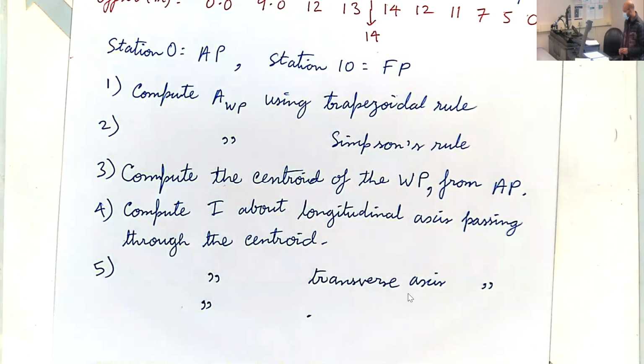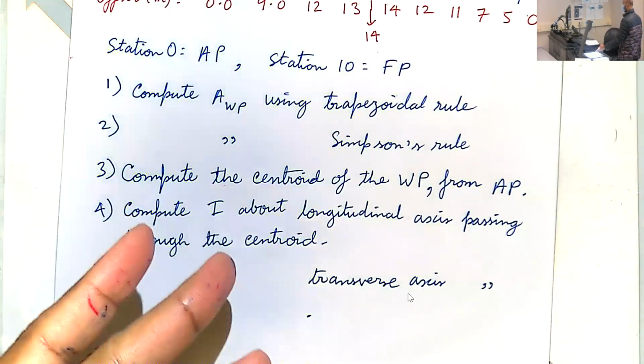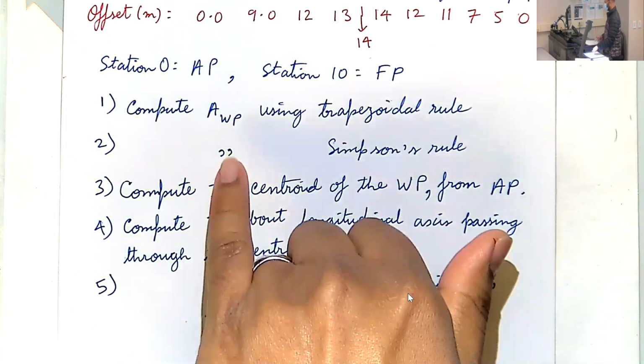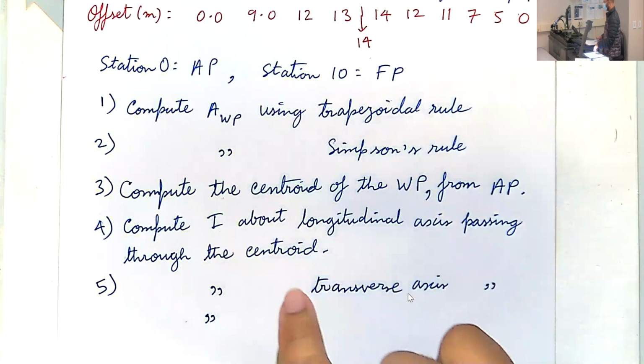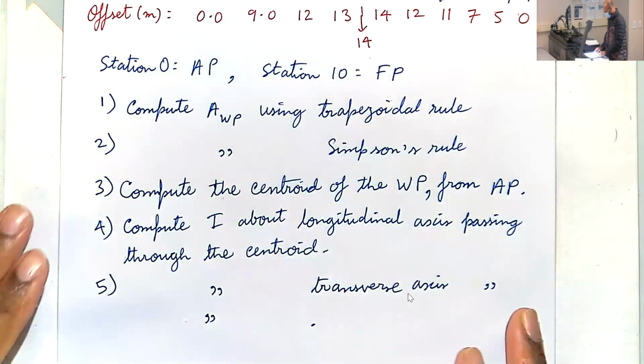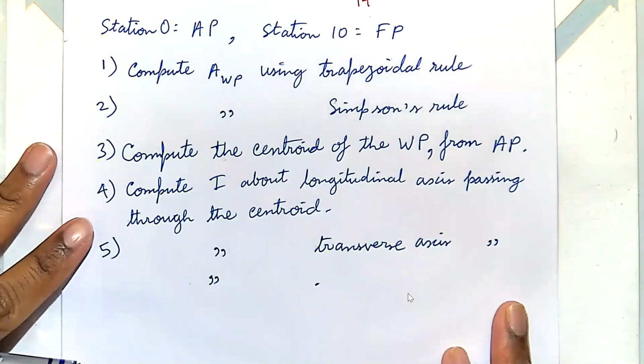All right, all of the questions make sense now? That's basically everything we've talked about: area, centroid, area moment of inertia. Yeah, it makes sense. Okay, perfect.